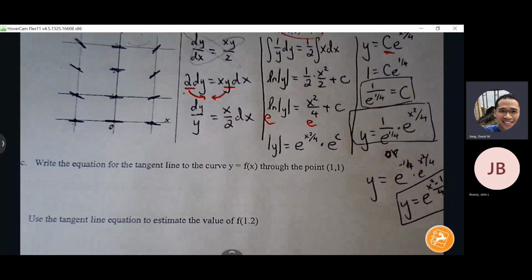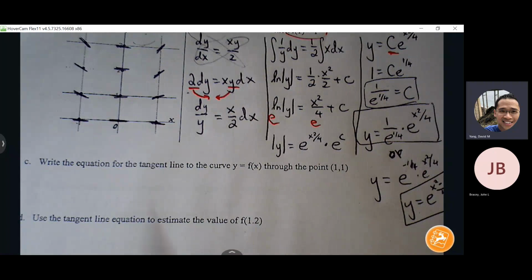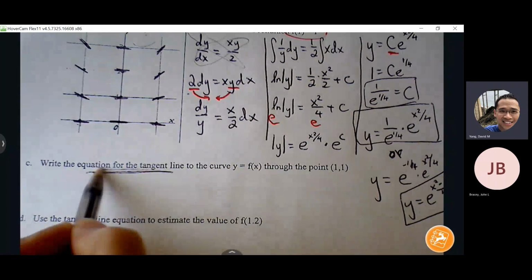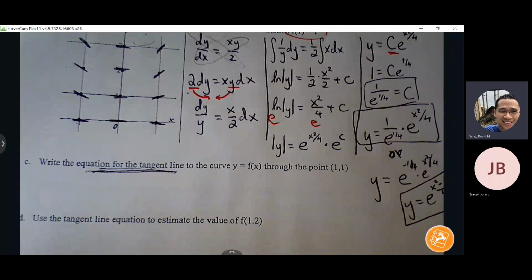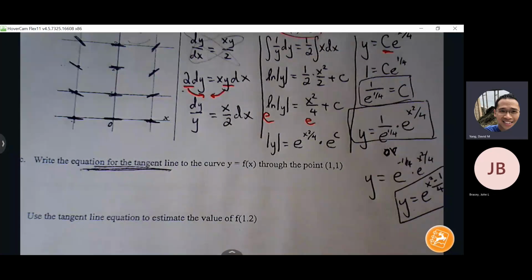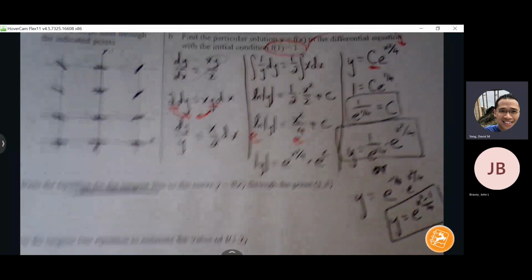All right, part C, it says write the equation of the tangent line. So this is the clue here. Tangent line is linear, right? So y minus y1 equals m times x minus x1. So let's create our tangent line equation. We need an ordered pair and we need slope.